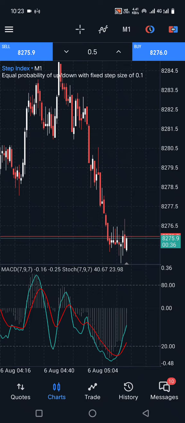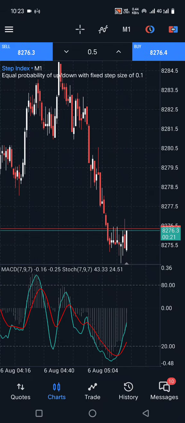Then we are going to talk about the parameters, how to set up the inputs of this strategy, and trade. Let me teach you, and then we will explain it further in depth. Keep watching.